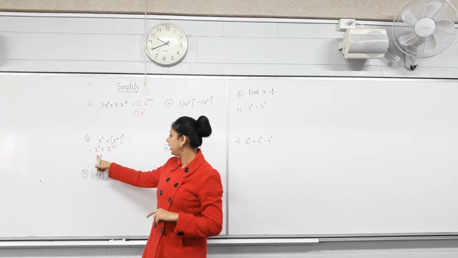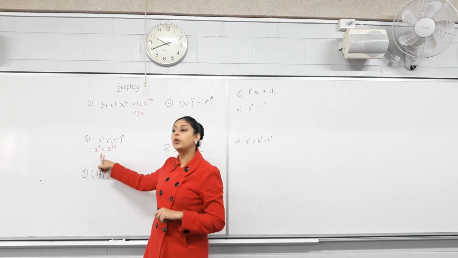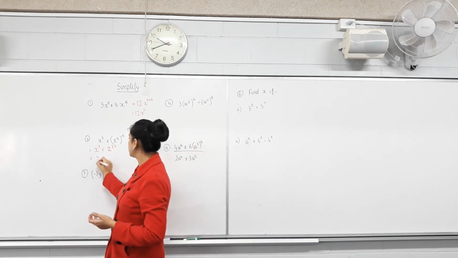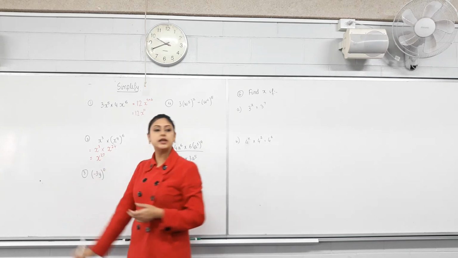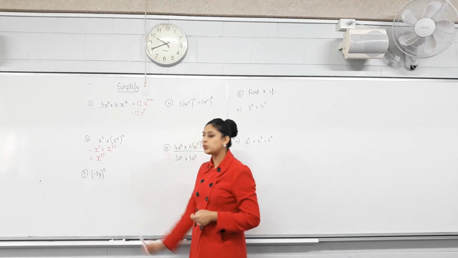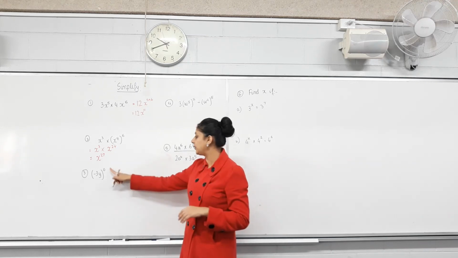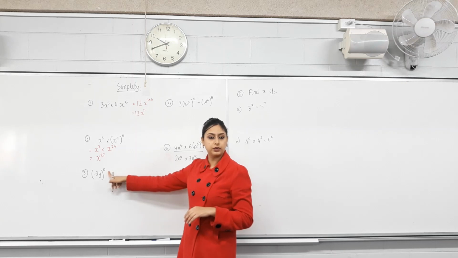Yes. Now, are the bases same? X and x? And they're being multiplied? What happens to the powers? Added. So x to the power of 27. Does that make sense? Perfect.